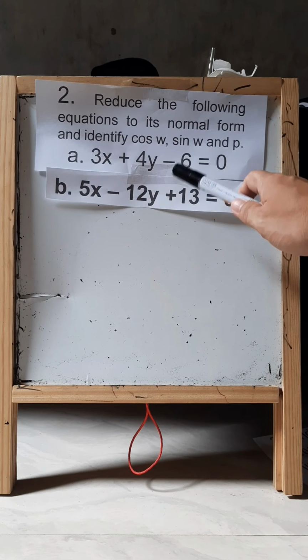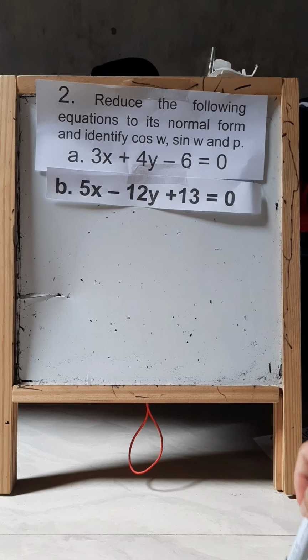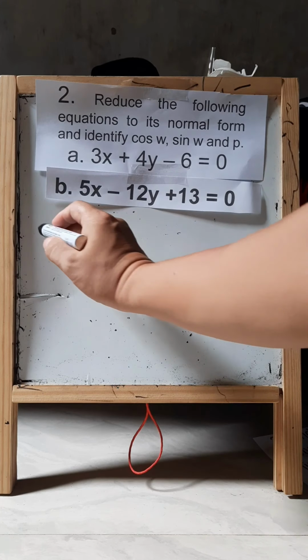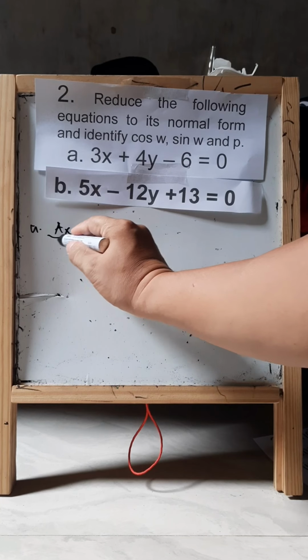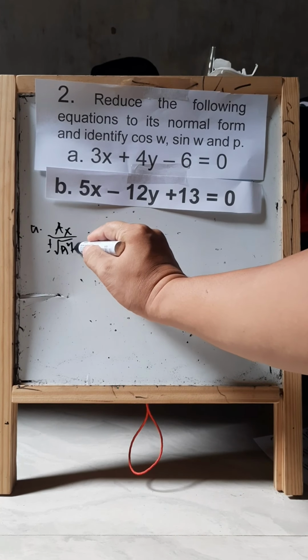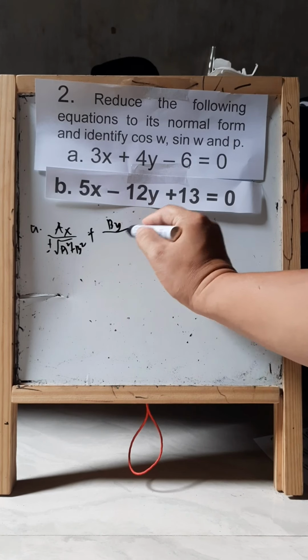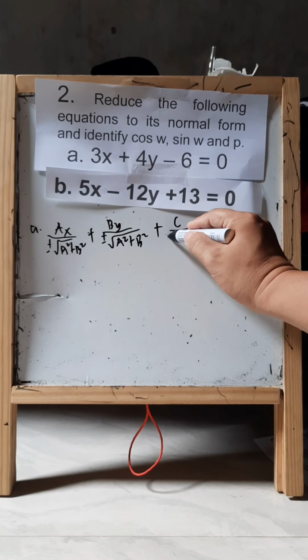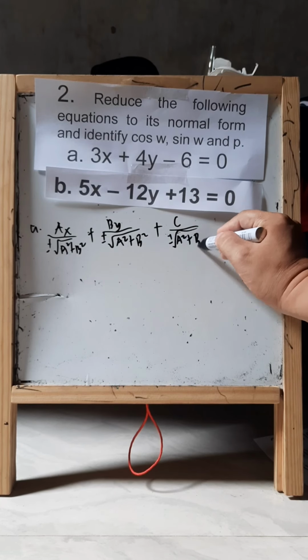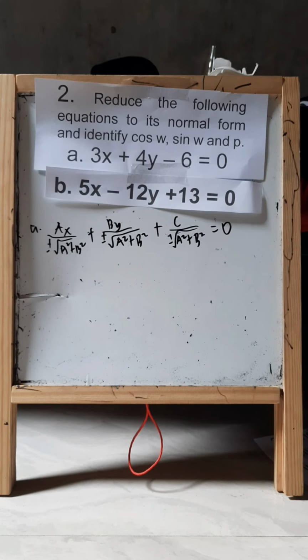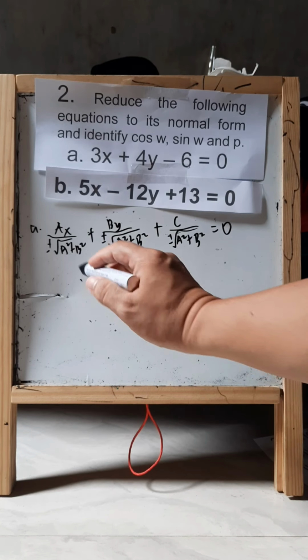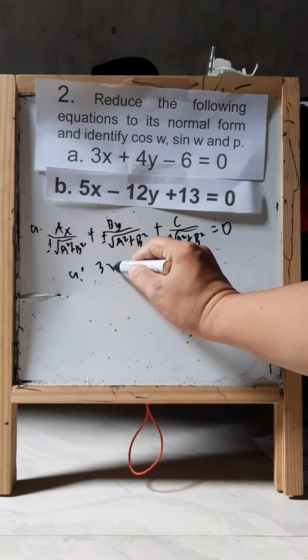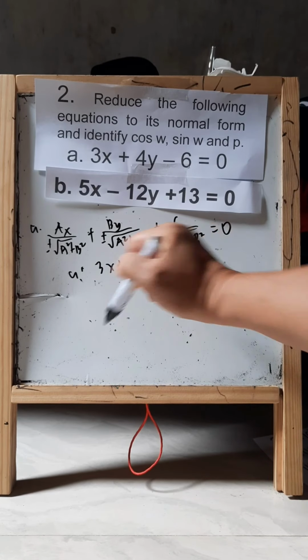We're going to reduce these two equations into normal form by using the equation ax over plus or minus square root of a squared plus b squared, plus by over plus or minus square root of a squared plus b squared, plus c over plus or minus square root of a squared plus b squared equals 0. Okay, so for letter A, 3x plus 4y minus 6 equals 0.